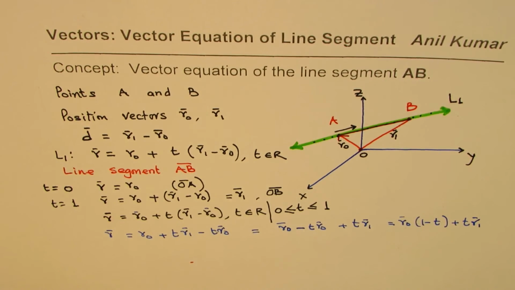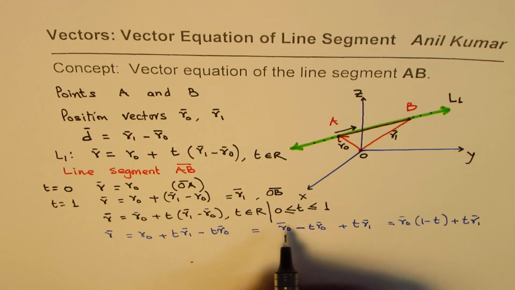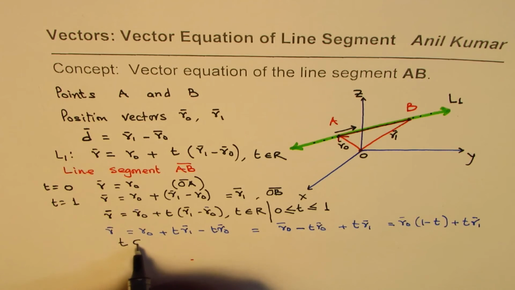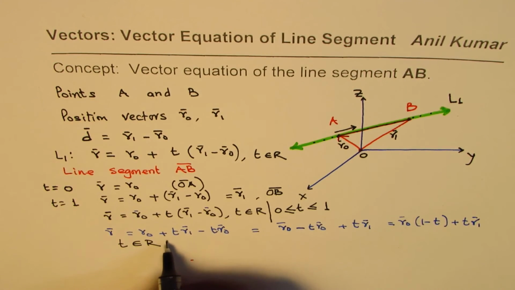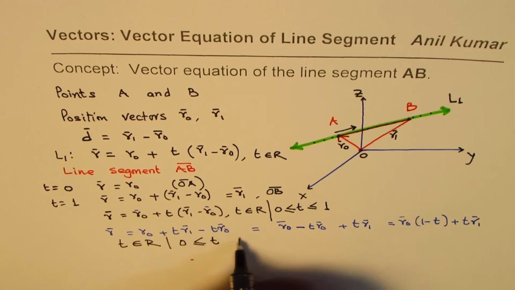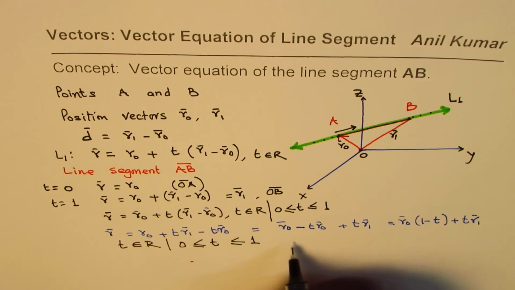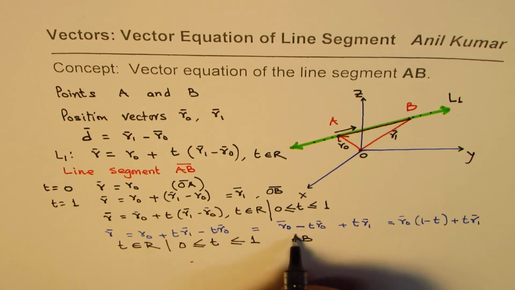So what I have here is two equations, but in both cases, the condition is that t belongs to real numbers and it is in the interval 0 to 1, right? So that gives you the line segment AB. Do you see that?